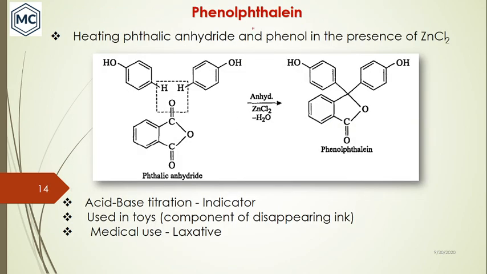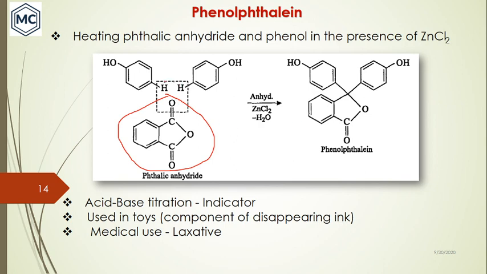Next, phenolphthalein preparation and its uses. This is the structure of phenolphthalein, and it is prepared by heating phthalic anhydride with phenol, 2 equivalents of phenol to 1 equivalent of phthalic anhydride, in the presence of a dehydrating agent like zinc chloride.